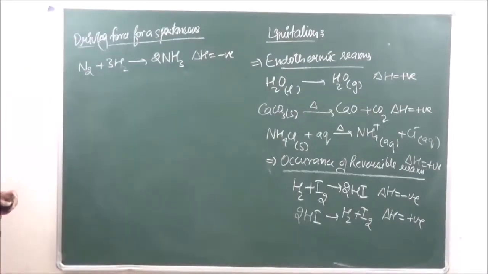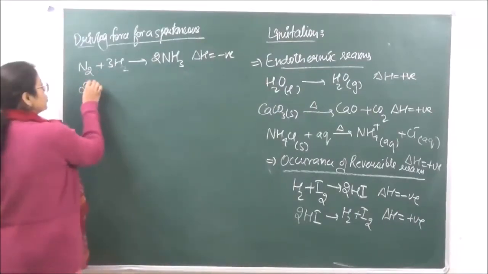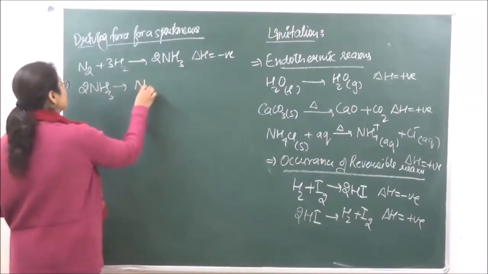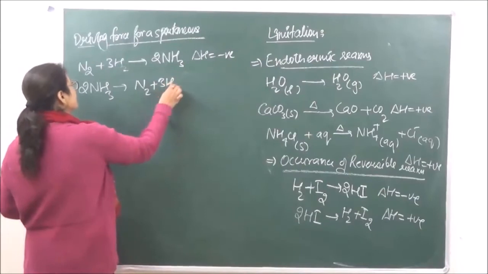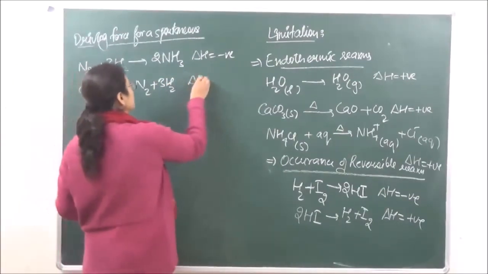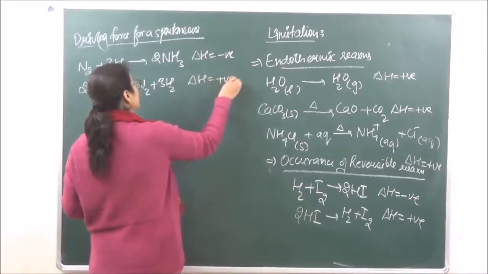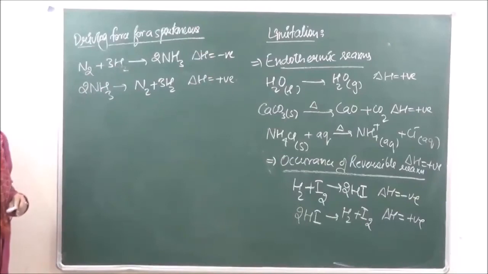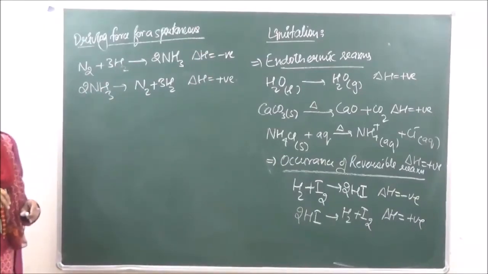But if we are taking the reverse reaction, that is decomposition of ammonia to give us N2 plus 3H2, delta H for this is going to be positive. Is it clear? So delta H is negative in the forward direction and it is going to be positive in the reverse direction.